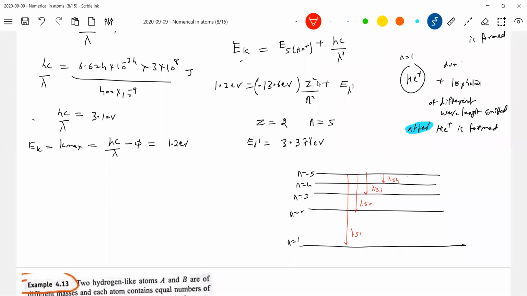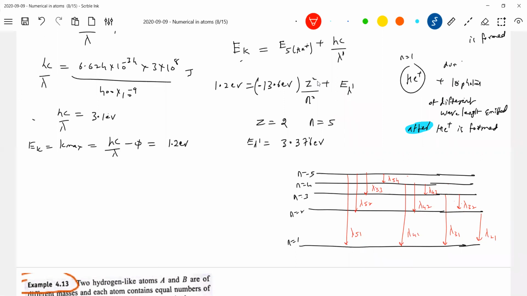Lambda 54, then lambda 41, lambda 42, lambda 31, next after this lambda 32, lambda 21. 10 photons are there, whose energy will lie in the range.